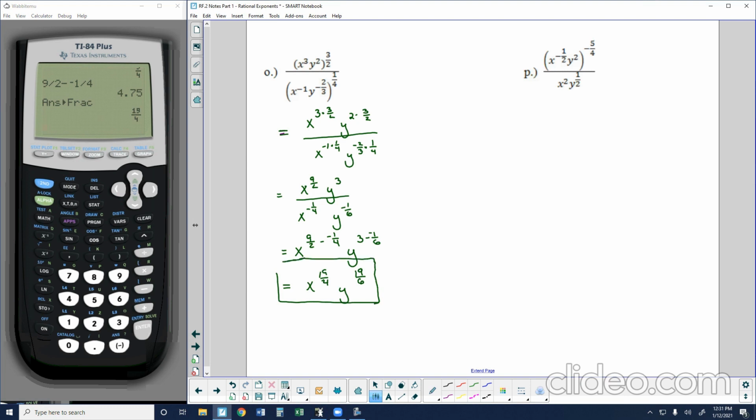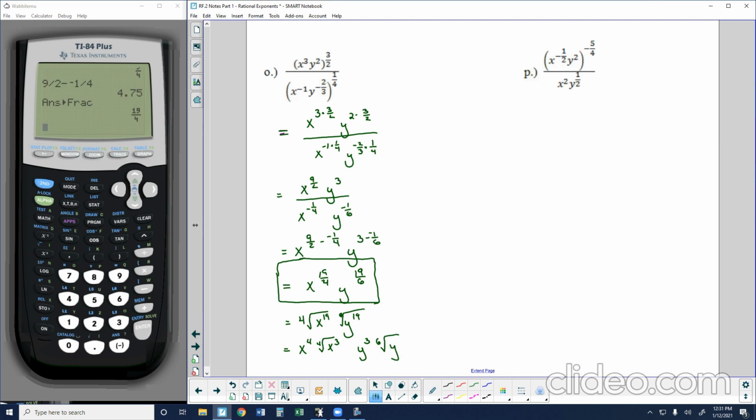Now again, this is in rational exponential form. If I wanted to put this into root form, I could take the 4th root of x to the 19th and the 6th root of y to the 19th. And what I would end up getting here is x to the 4th, 4th root of x to the 3rd, and then I would get y to the 3rd, 6th root of y.